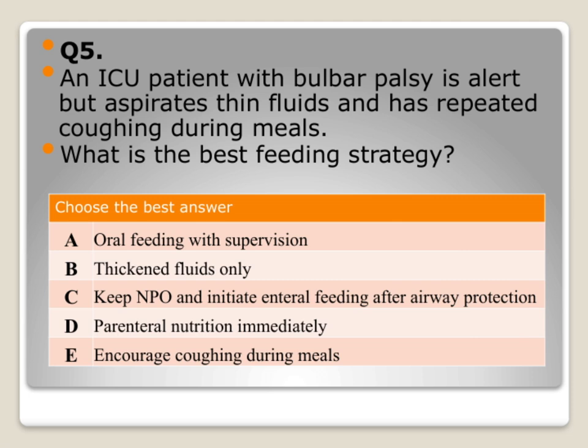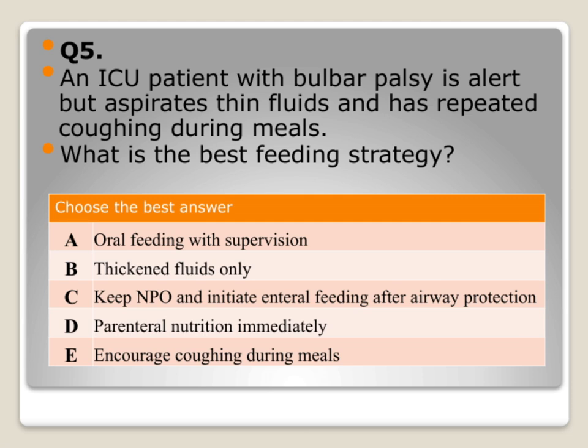This strategy effectively minimizes the risk of aspiration and provides nutritional support through a safer route. Option D suggests starting parenteral nutrition immediately, but that's usually reserved for cases where enteral feeding isn't possible or safe, and it doesn't address the aspiration issue directly. Lastly, Option E encourages coughing during meals, which could worsen the risk of aspiration and respiratory distress.